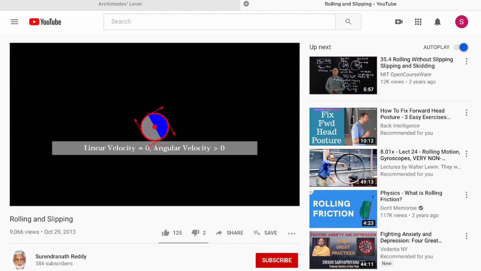This is pure rotation. So the wheel is rotating and its center of mass is at rest, and everything is rotating relative to the center of mass. So the linear velocity of the center of mass is 0, but the angular velocity is not 0. So that is pure rotation.